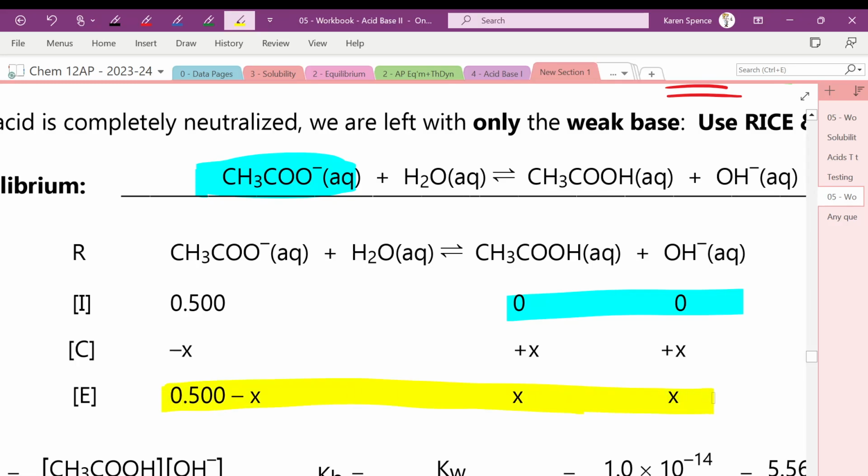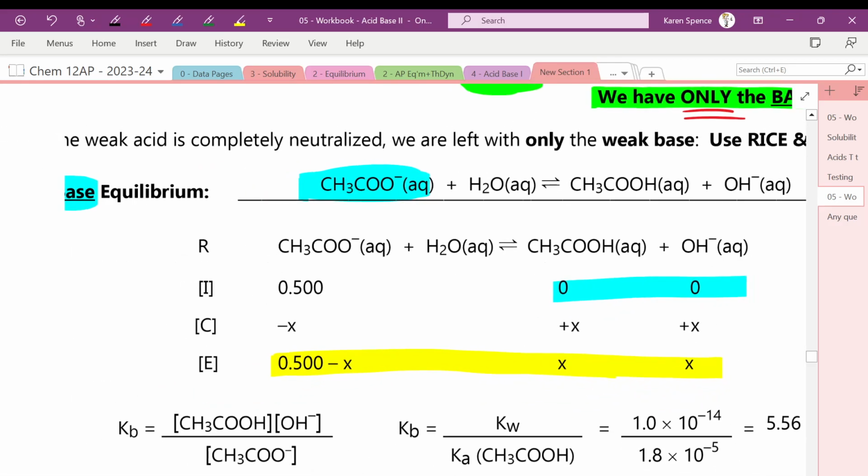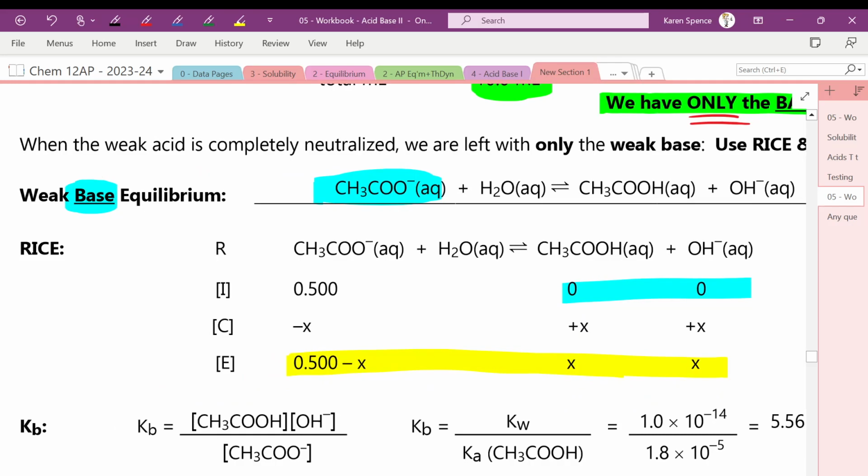What kind of a K value should we be writing for this? It's a Kb because we just did a weak base equilibrium. Therefore, Kb. Okay, we write our Kb expression.